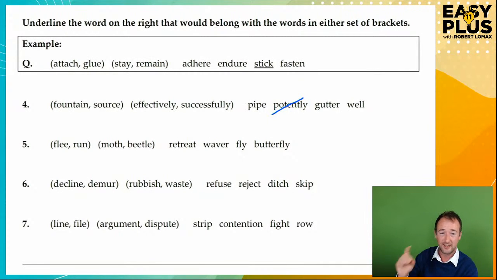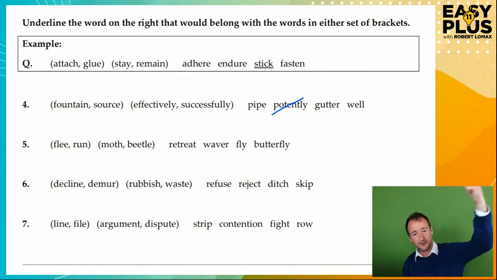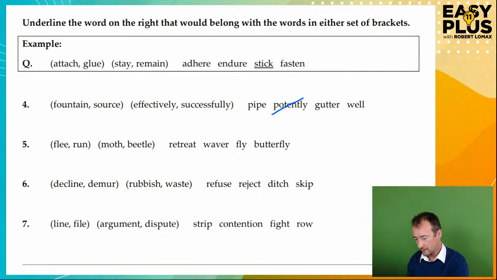So be really, really careful. Like I said before, this word doesn't change its pronunciation, but it's got two completely different meanings. Well as an adverb: he answered the question well. Well as a noun, meaning a deep hole: pull the bucket up, have your water. So that might match. So we've only ruled one out there.